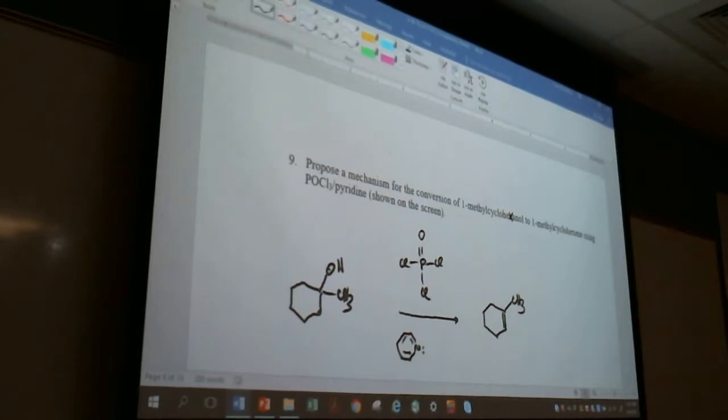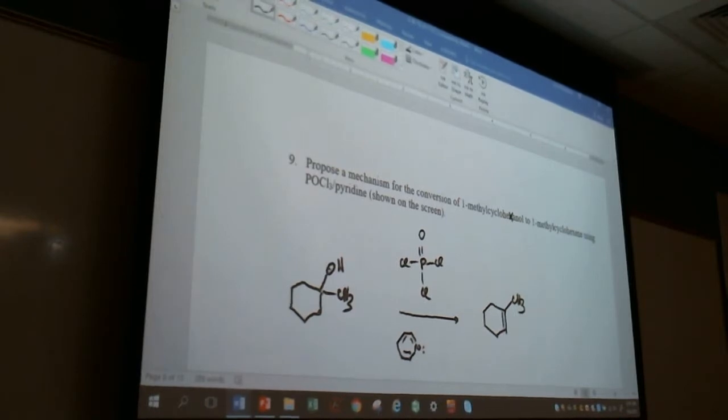Now, first of all, what type of reaction is this? An alcohol to an alkene. Some dehydration, an elimination reaction. In order to do an elimination reaction, I need to convert my OH into a good leaving group.